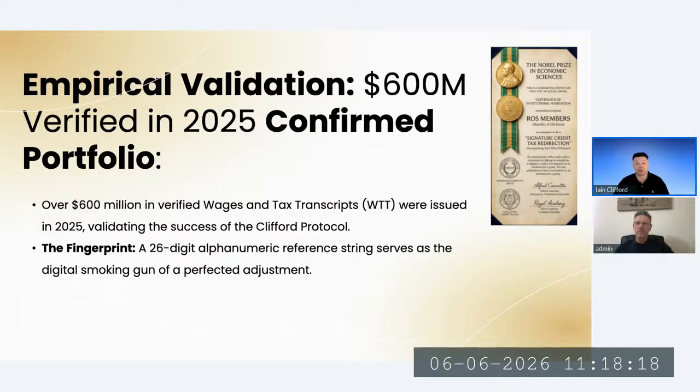That's the confirmations from the IRS, not all of the 600 million, but quite a high value of them, which you can watch. That's on the ROS Media channel as well. If you want to see the proof that this works, you can see that.